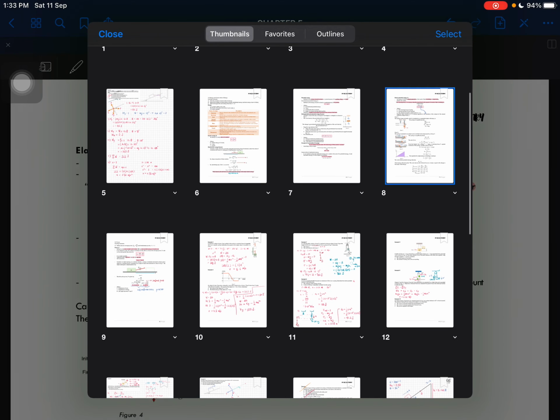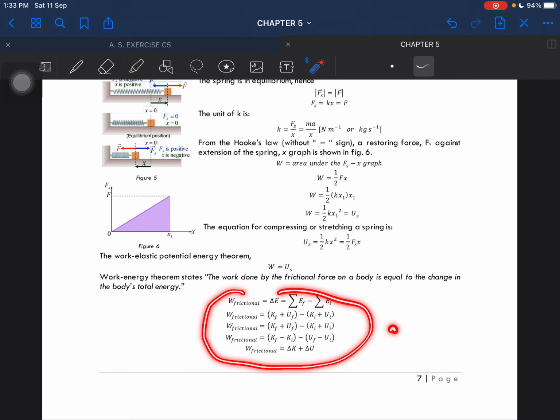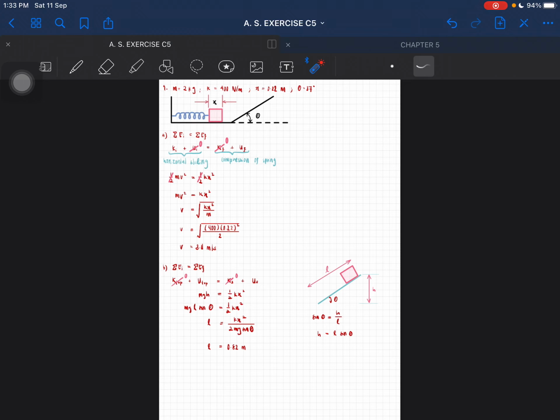If it's not frictionless, you have to use that one. The one I'm doing is frictionless, so that's why we can directly equate like this. Alright, that is the solution for question number 9.